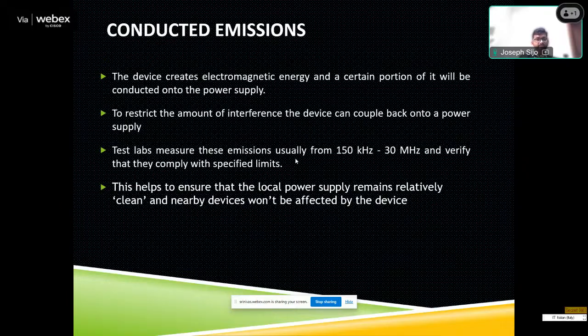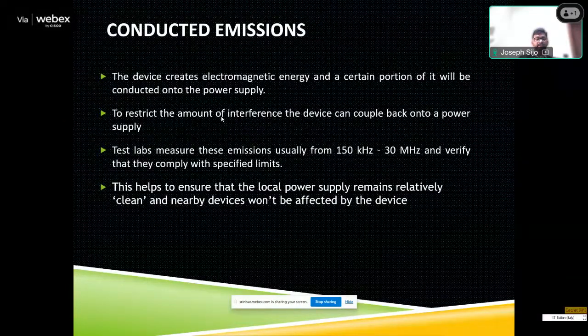And about the conducted emission, the device creates electromagnetic energy, and a certain portion of it will be conducted into the power supply. In lab test measurements, the standard is approximately 150 kilohertz to 30 megahertz.